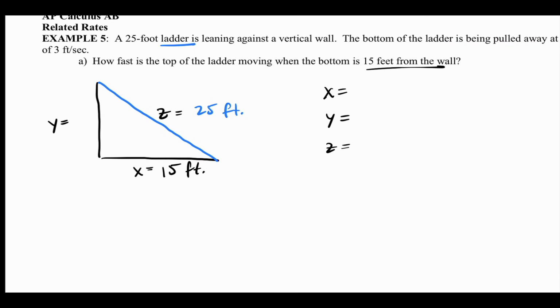How fast is the top of the ladder moving? Well, if this part is going this way, what is the top of the ladder going to be doing? It has to be going down, right? So what do we know? The ladder is 25 feet. I know X is 15 feet.